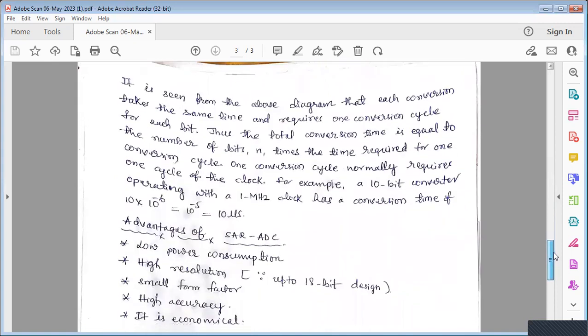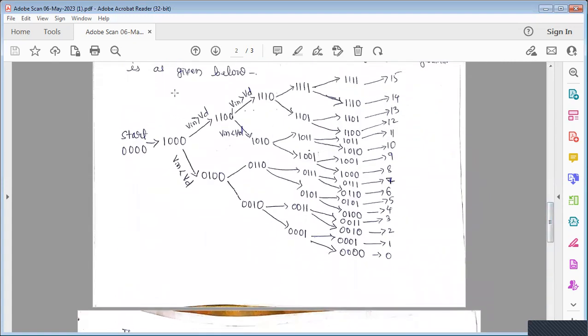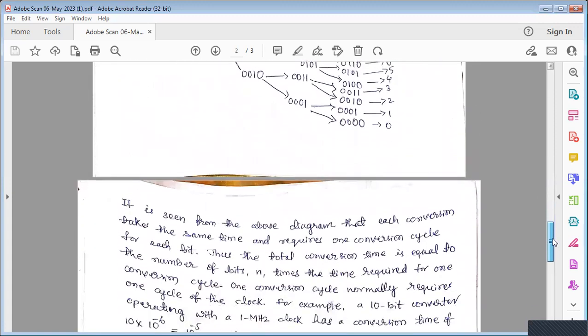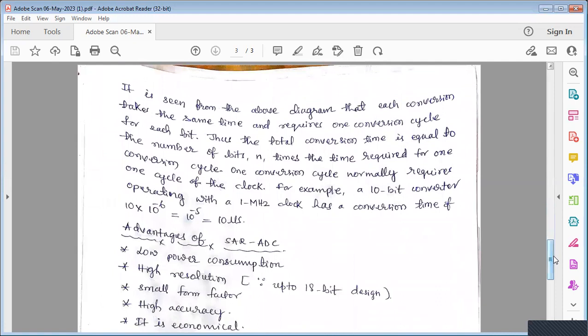And it is seen from the above diagram that each conversion takes the same time and requires one conversion cycle for each bit. This is one conversion, this is another conversion. For every conversion, time equal to one cycle is needed.